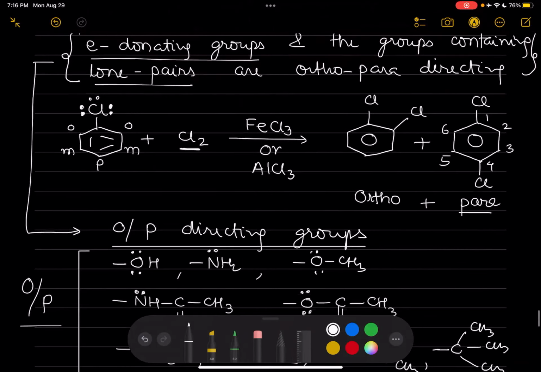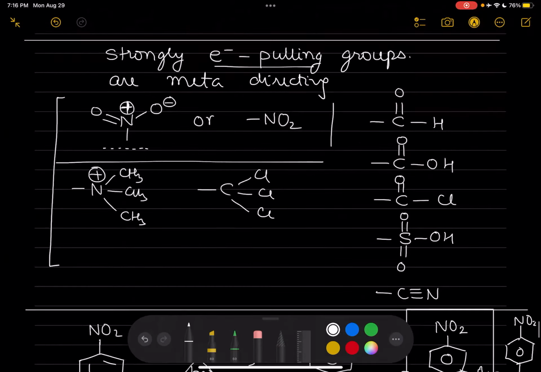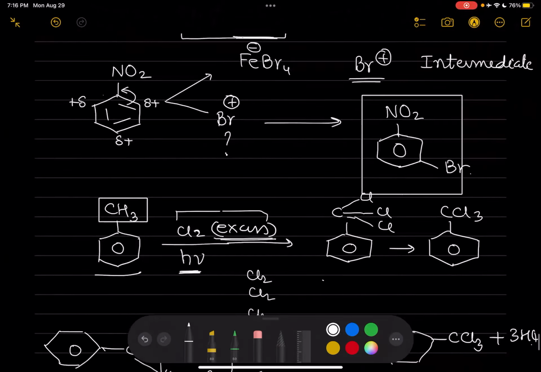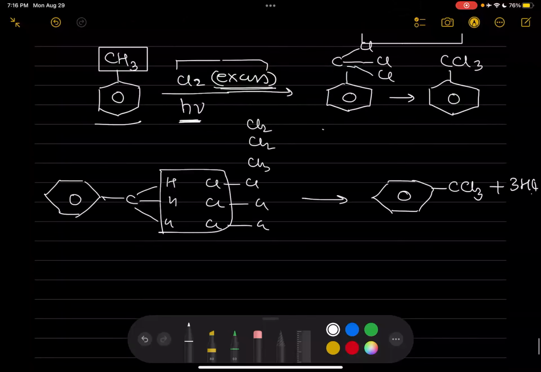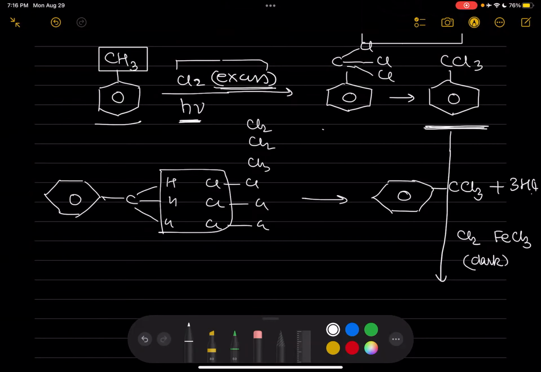First I did photohalogenation, so I got this as the answer. Now if I try to do the aromatic chlorination by taking Cl2 and FeCl3, here I will not take light, I will write dark. For light, I write sunlight or H nu.